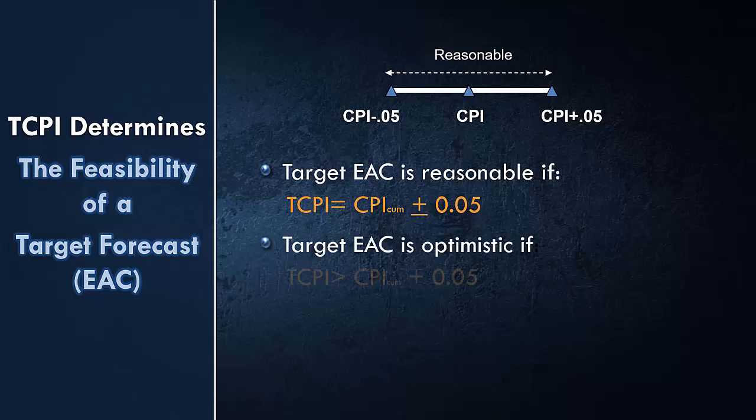But if your TCPI is over that range, over CPI plus 0.05, then it means that your forecast is kind of optimistic. It might be hard to achieve because you have to increase your performance more than what you were performing to date on the project.